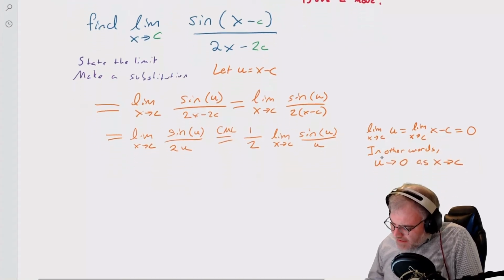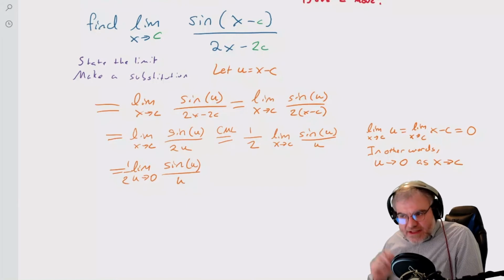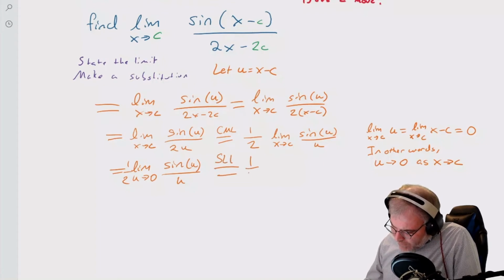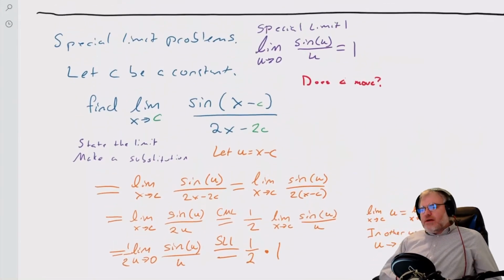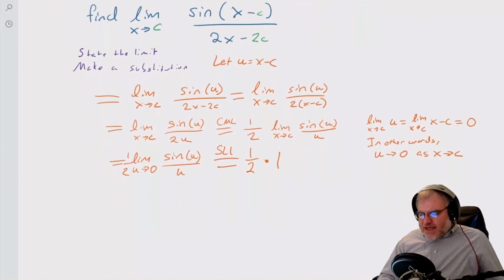So I'm going to replace this with that. And I still need my 1/2. I lost my baggage. Need to carry my baggage. And then I'm going to write SL1, 1/2 times 1. And remember, I can only write SL1 because I said what SL1 was here. And now I've got an answer.